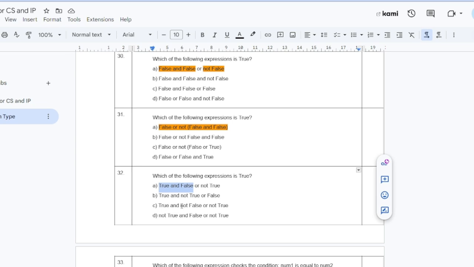True and true and not false. So true and true, and not true is false. So true or false should also give you the true. So this should be the correct answer.